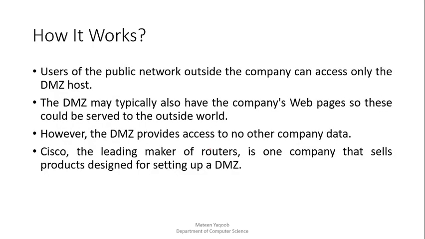So it will not do packet routing or packet filtering. Users in the public network outside the company can only access the DMZ host. All the other hosts are protected. The DMZ host may typically also have the company's web page so that it can be served to the outside world. However, the DMZ host provides access to no other company data.